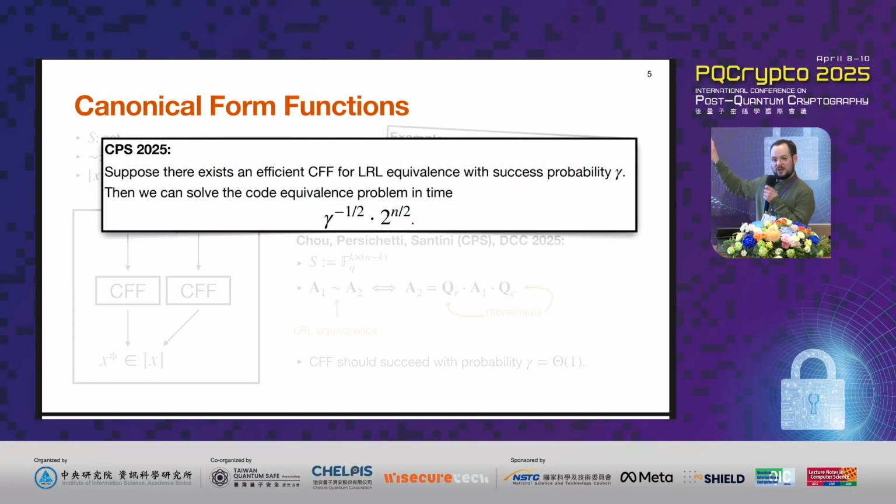I can try. I didn't mention anything about the details behind this theorem, and I just used this as a black box. But this is basically a meet-in-the-middle algorithm that uses the canonical form function as a subroutine to identify matches between the two lists that you would have in the meet-in-the-middle algorithm.